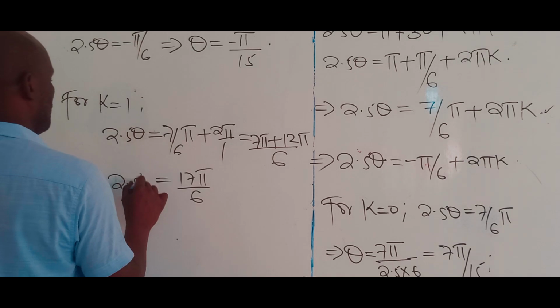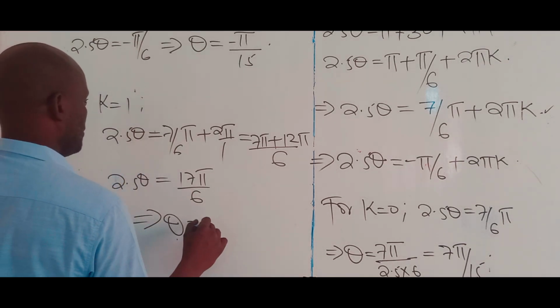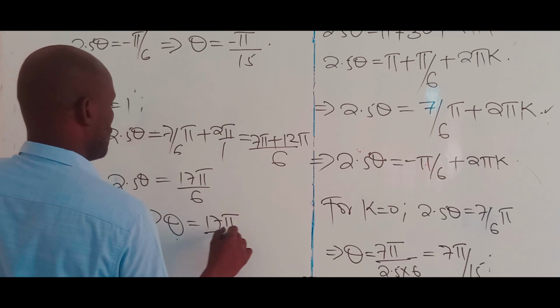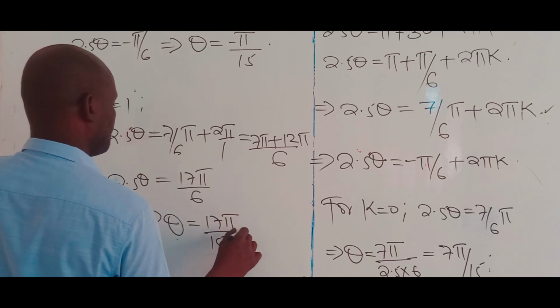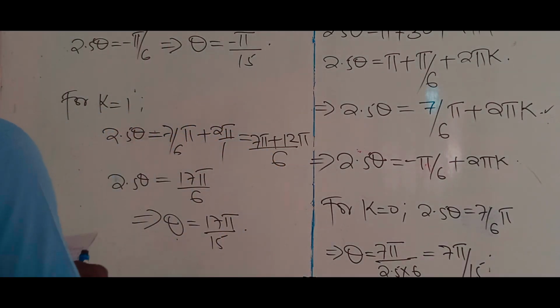So 2.5 theta is equal to that, implying that theta in this case will be 17 pi over 15.